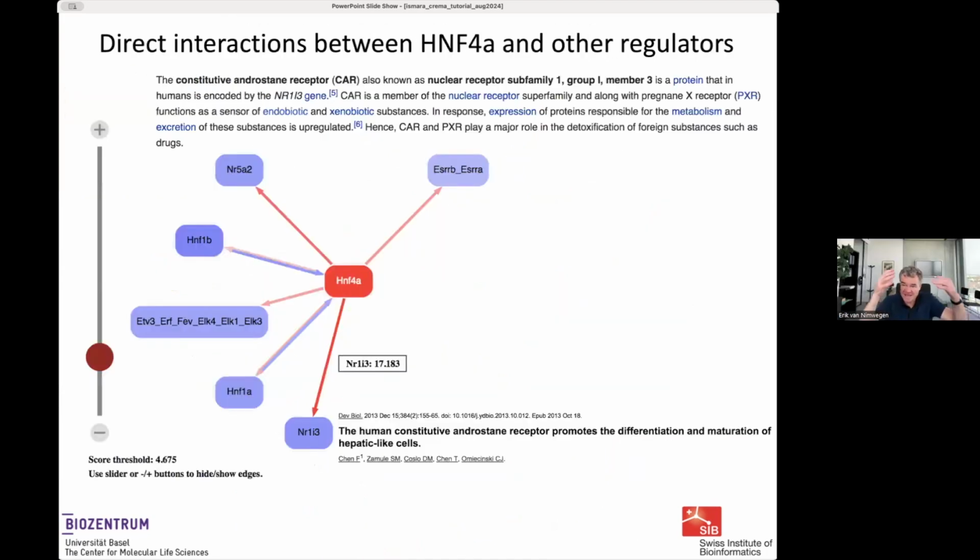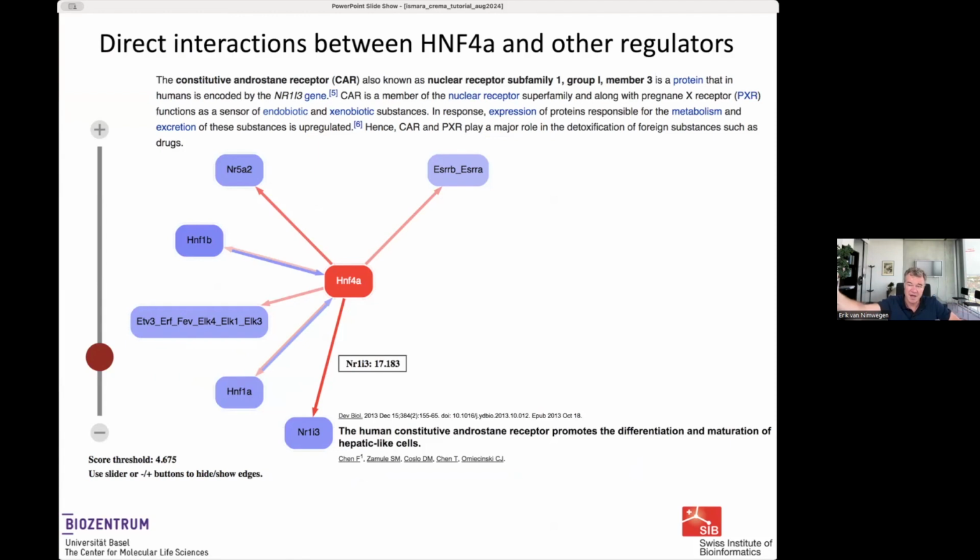All right. The next thing down is we want to give a picture of interactions between HNF4A and other regulators. So what we've done is we've taken HNF4A as a node in the regulatory network and then looked around it and asked: are there any promoters of other regulators that we predict HNF4A targets?